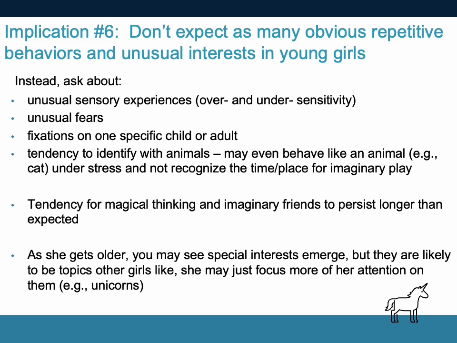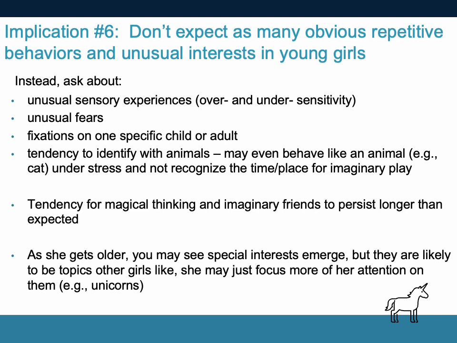In general, what we're hearing is that girls or females tend to have more symptoms in the unusual sensory experience domain, either being over or under sensitive, may have more unusual fears than actual restricted interests, and may have more fixations that are social, so kind of becoming overly interested in one friend or in one adult.